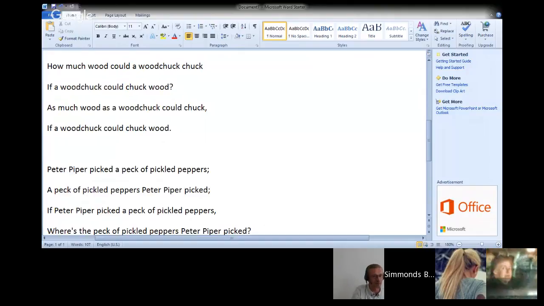A woodchuck could chuck as much wood as only a woodchuck could. And to get that across in a tongue twister, the actual meaning of the words can only be done not just by pronunciation, but also intonation.